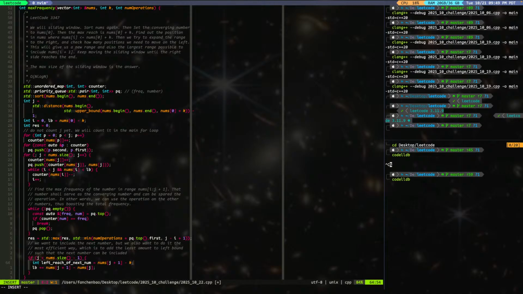So what we want to do is, because j is the max reach right now, it cannot reach the next one, because if it could, then we'd be able to do it already, right? So the reason it doesn't reach here is whatever it is for the left bound, plus k, and it doesn't reach it. So the next one can minus k.